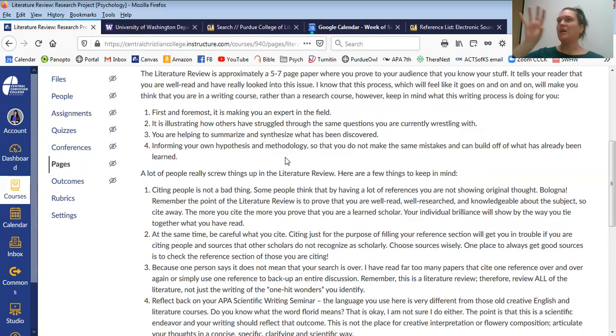But think about it this way: the literature review is going to inform these sections so that others who may actually do an experiment, since you're doing a comparative analysis, know what to do, what not to do, how to do it, the pluses, minuses, okay?